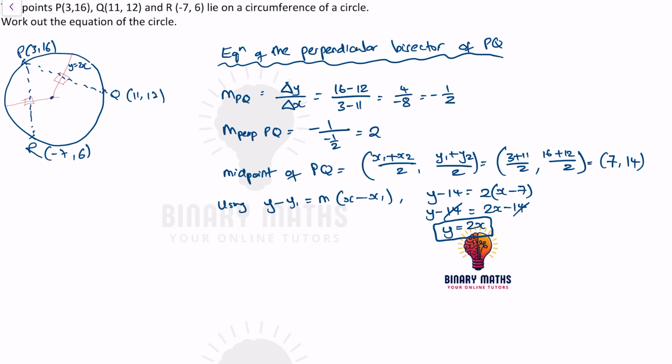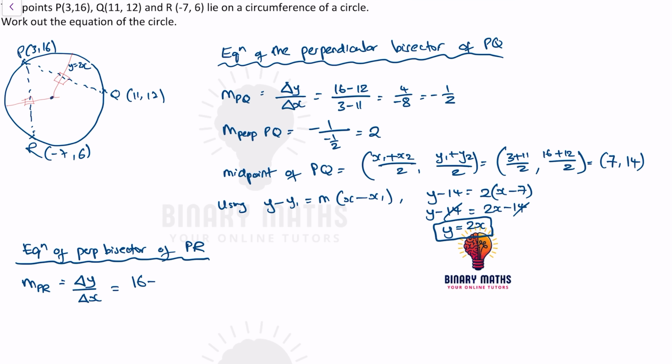So next step, equation of the perpendicular bisector of P to R. Again, I need to find the gradient of P to R, which is equal to change in y over change in x, which is equal to 16 take away 6 over 3 take away minus 7, which is 10 over 10, which is equal to 1. And the gradient of the perpendicular bisector of P to R will be the negative reciprocal of that, which is equal to negative 1.